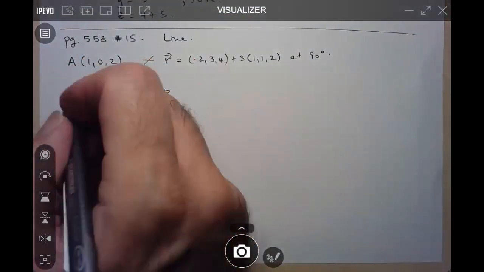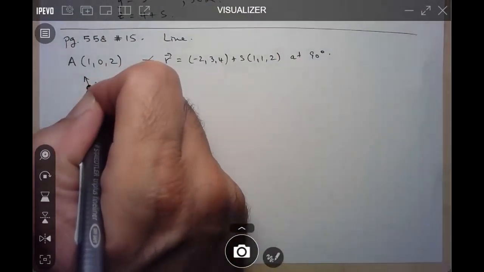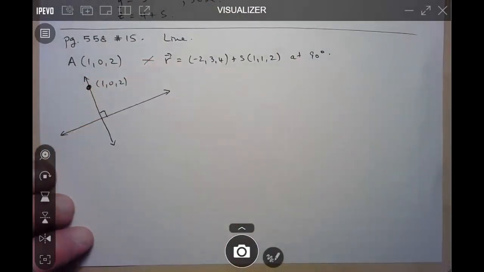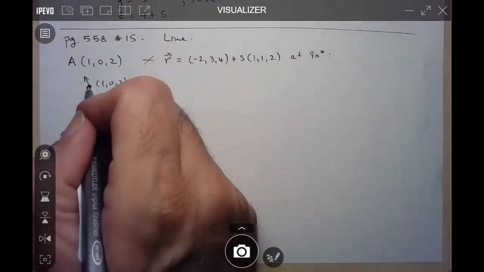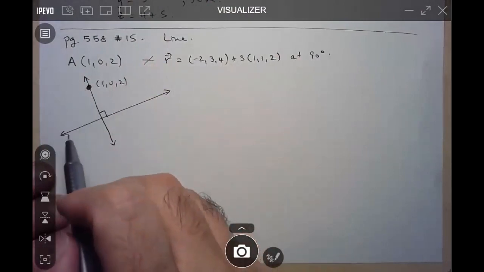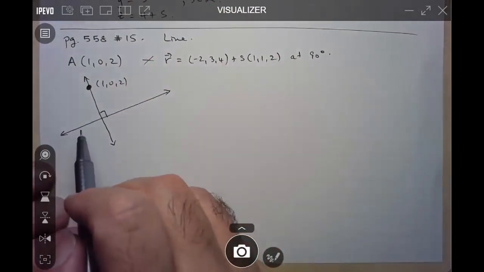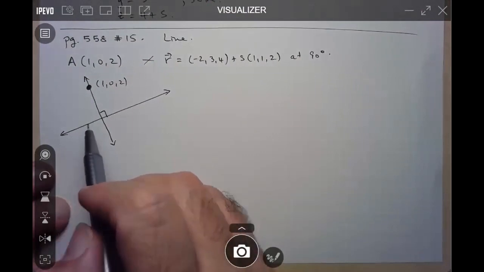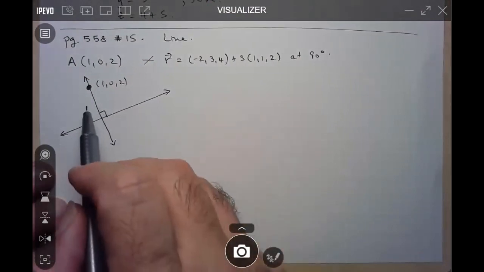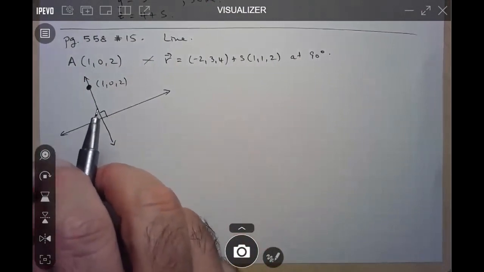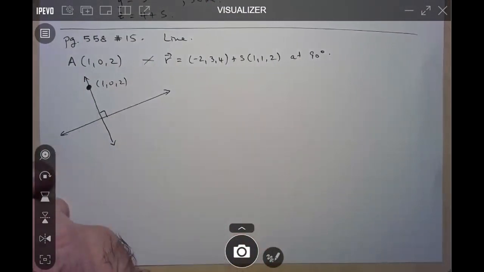The line I'm looking for contains the point 1, 0, 2. And since these two lines have to be perpendicular, what I know for sure is that their direction vectors are also going to have to be perpendicular. So I suspect that's the key to solving this problem.